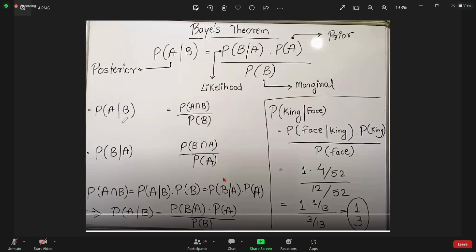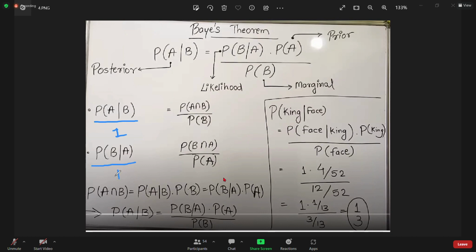So just now we covered conditional probability. Is this conditional probability or not? A given B is A intersect B divided by probability of B. Just now I told you. What is the denominator? So this is divided by 1. Can I say the denominator is 1? Now above this, B given A divided by 1.